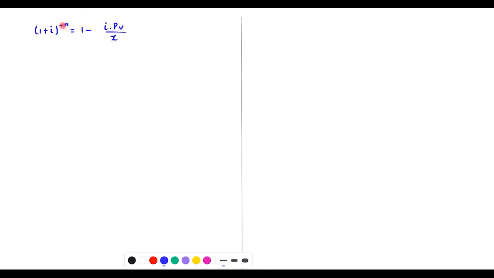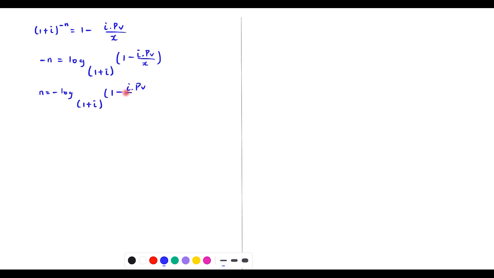So the exponent is going to be the log with base 1 plus i, and the constant here is 1 minus i times PV over x, right? And then from here I can see n is minus log base (1 plus i) of (1 minus i times PV over x).